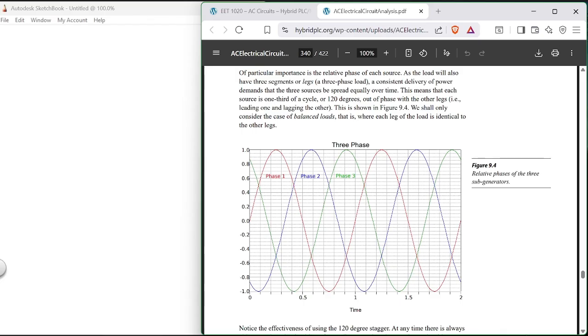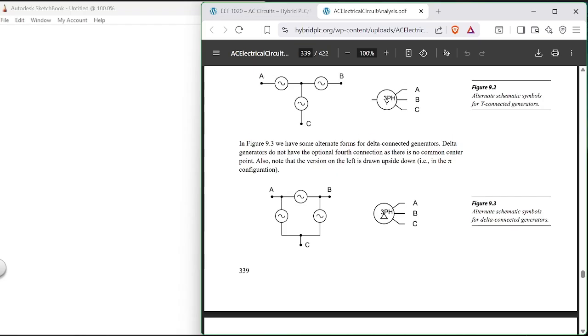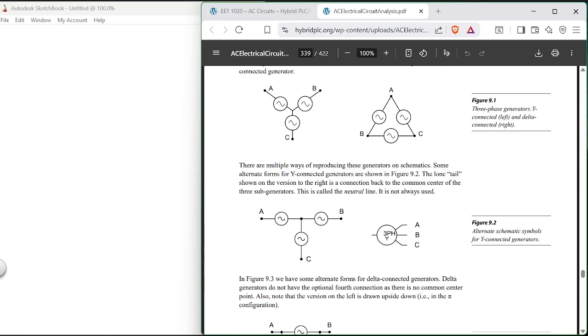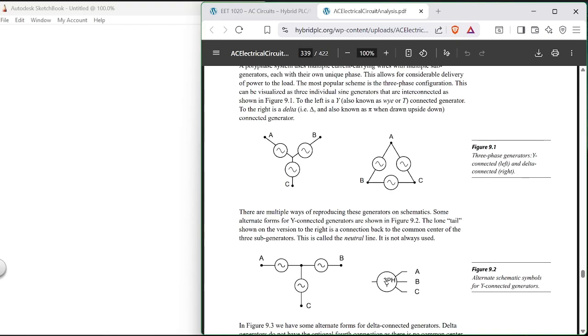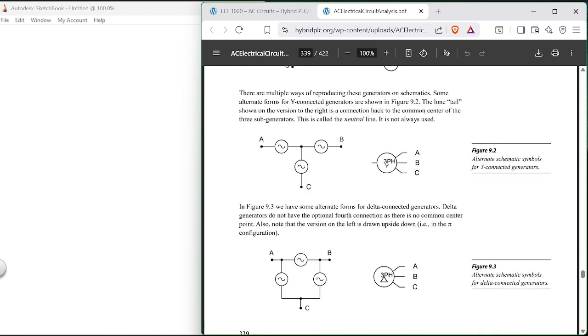He has some arrangements of power supplies, and there's the Y and there's the delta. We talked a little bit about this the other day.